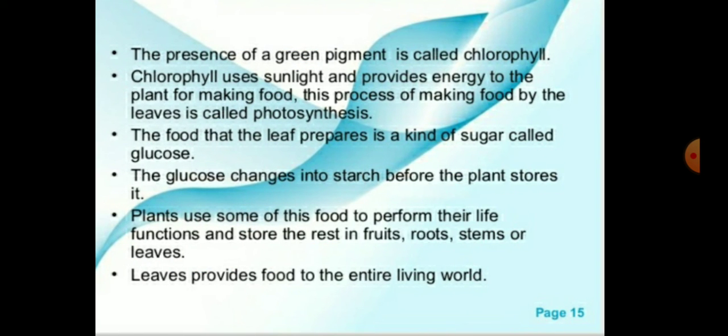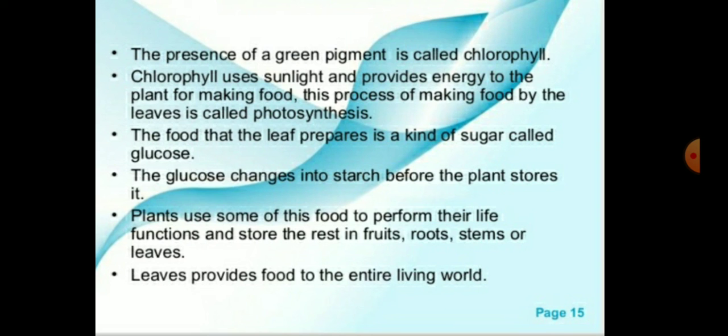The presence of a green pigment is called the chlorophyll, and the chlorophyll uses the sunlight and provides the energy to the plant for making their food. This process of making food by the leaves is called the photosynthesis, and the food that the leaf prepares is a kind of sugar called the glucose.